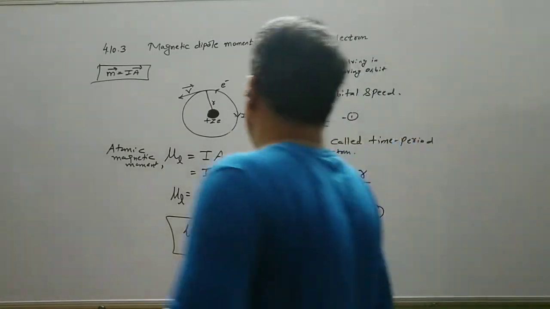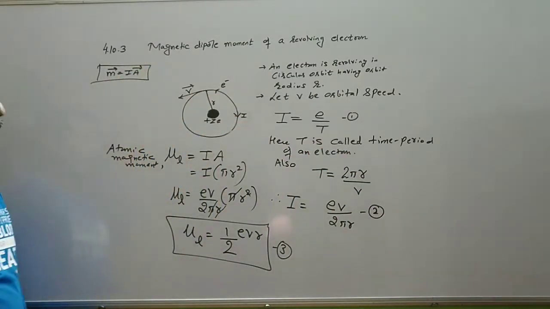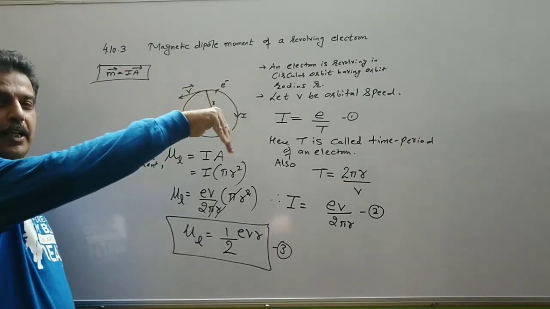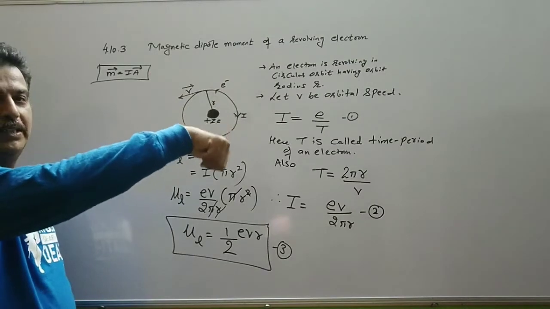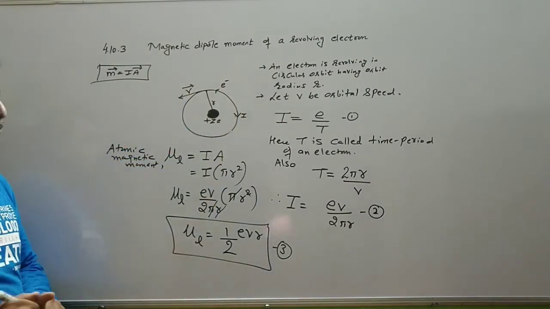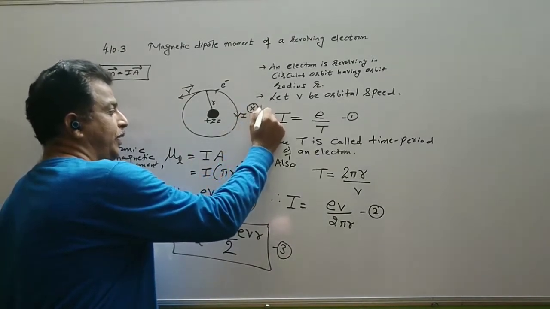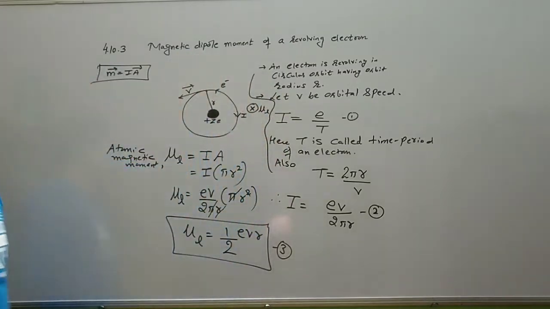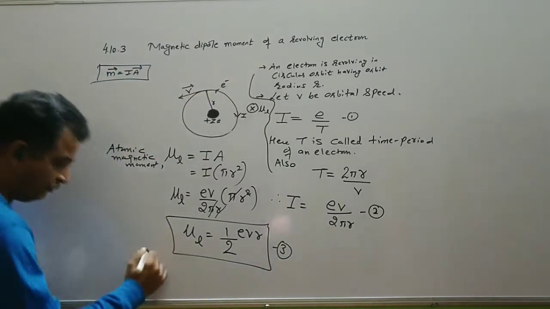So here the current is clockwise. So I curl my fingers in clockwise direction, so my thumb is inward. So what will be the direction of mu L? It is going into the plane of paper. So we represent this by a cross which indicates that mu L is going into the plane of paper.